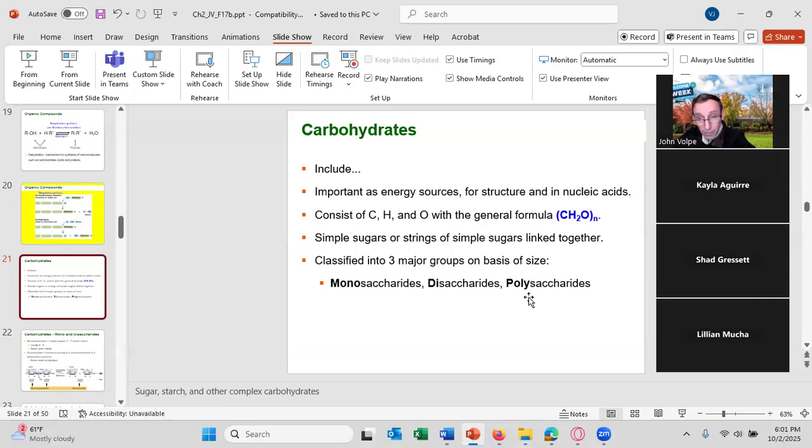There are other starches, like glycogen found in your muscles. We'll talk about cellulose later in this lesson, another polysaccharide carbohydrate. Any question about any of that? All right.